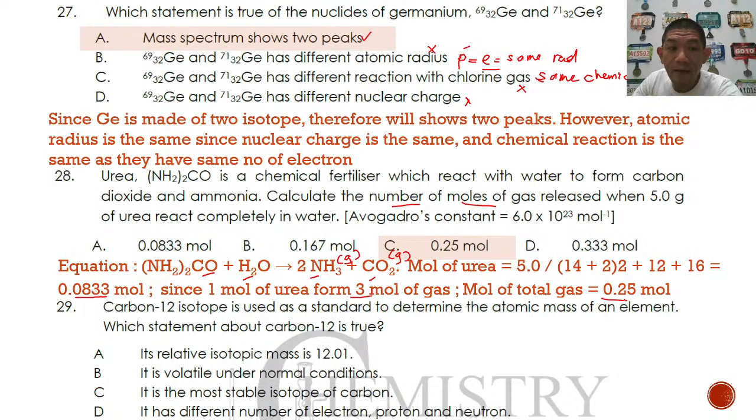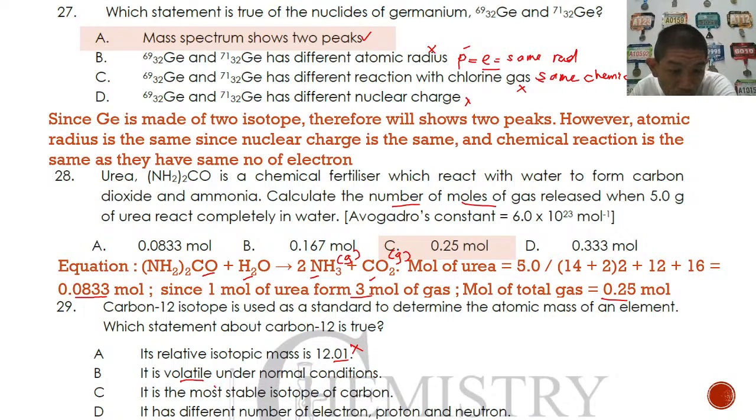Okay, then 29. Carbon-12 isotope is used as a standard to determine atomic mass of element. Which statement about carbon-12 is true? Its relative isotopic mass is 12.01. No, a value with decimal points like that is definitely not isotopic mass. It is usually atomic mass, because only atomic mass has decimal points. It is volatile under normal condition? It is a solid, so it will not be volatile.